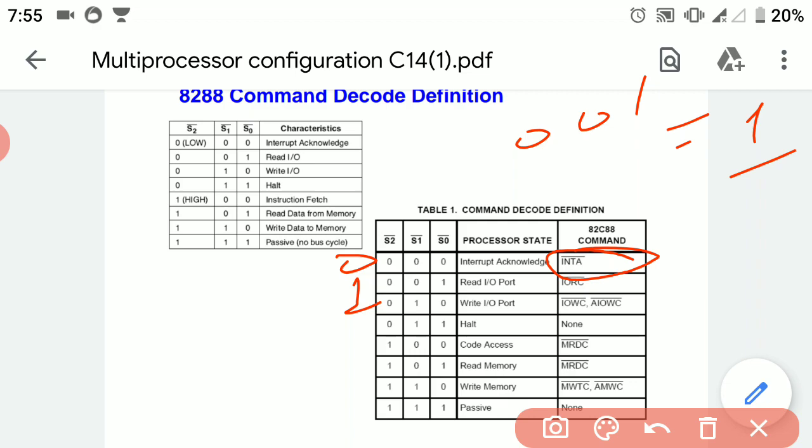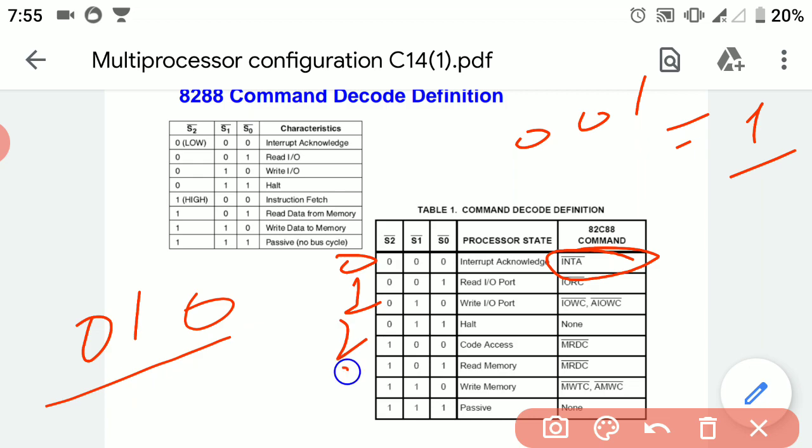Next is 2, that is 010. In this mode we have write input output port. We have to do a write operation to an input output device.